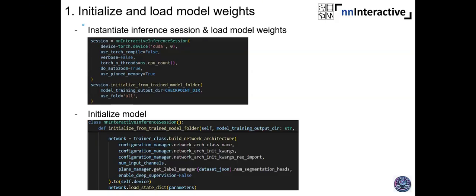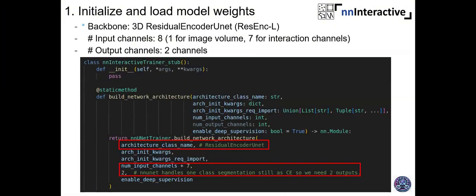It initializes the model using the initialize from train model folder function, which builds the network architecture and loads the model weights. The architecture they use is a residual encoder UNet with 8 input channels, the first one for the image volume and the rest for the interactive channels. And the number of output channels is 2 for binary segmentation.